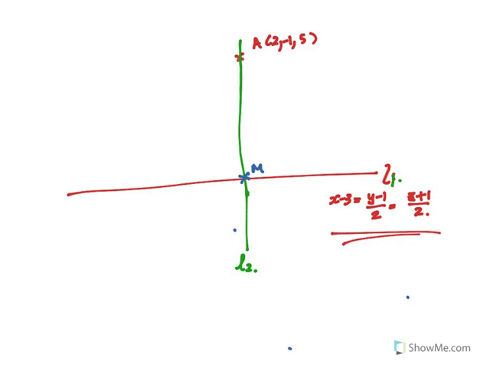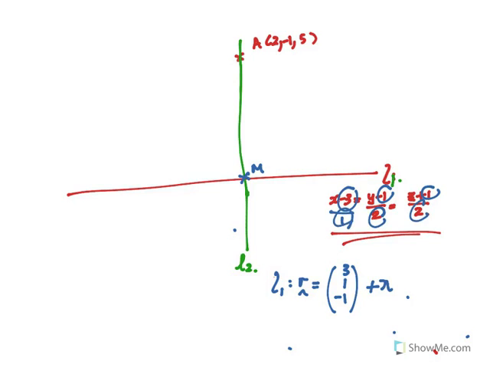This doesn't look very helpful, and to solve any meaningful question we always need the vector equation. So the vector equation of line 1 is r = (3, 1, -1) + lambda (1, 2, 2), where lambda is a real number.